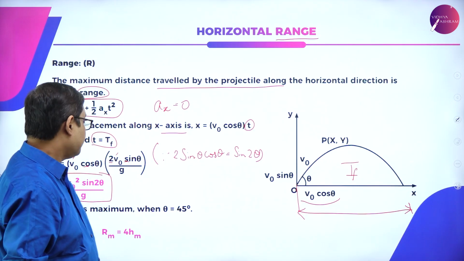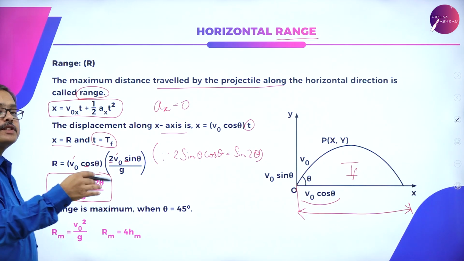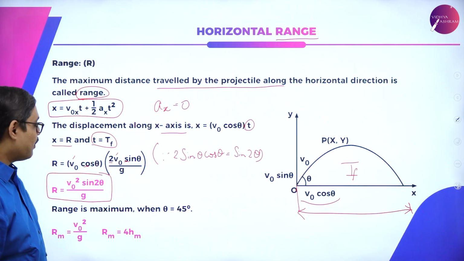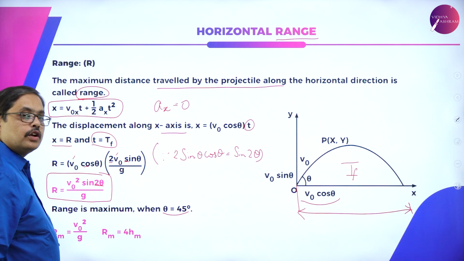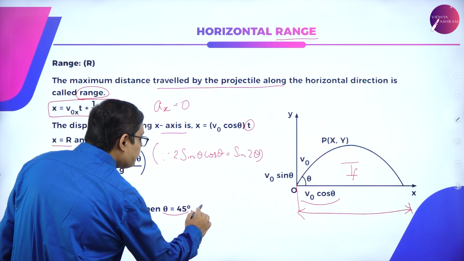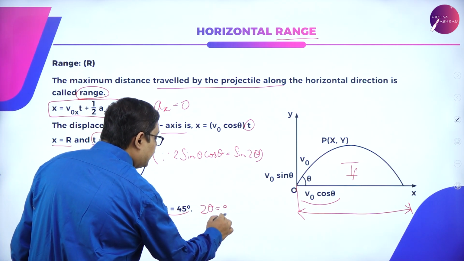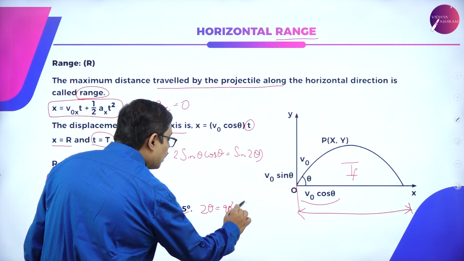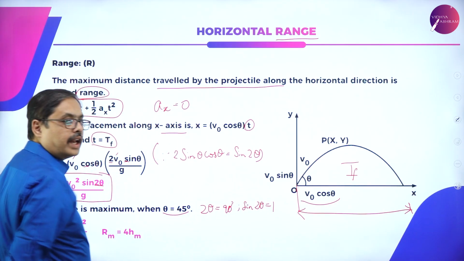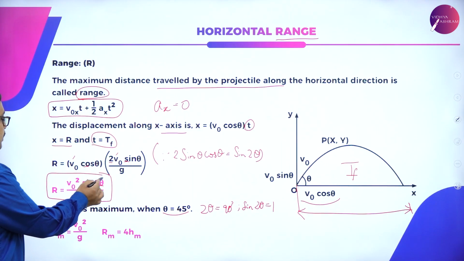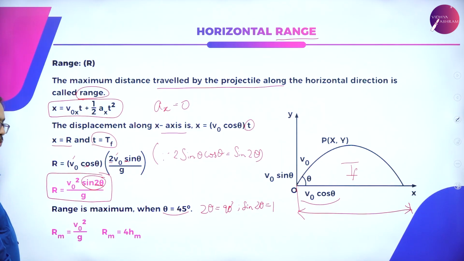Now, the range becomes maximum. What is the maximum distance traveled? The range becomes maximum when theta is 45. What will happen if theta is 45? 2 theta becomes 90 degrees, or sin 2 theta becomes 1. When sin 2 theta becomes 1, what is the remaining expression?